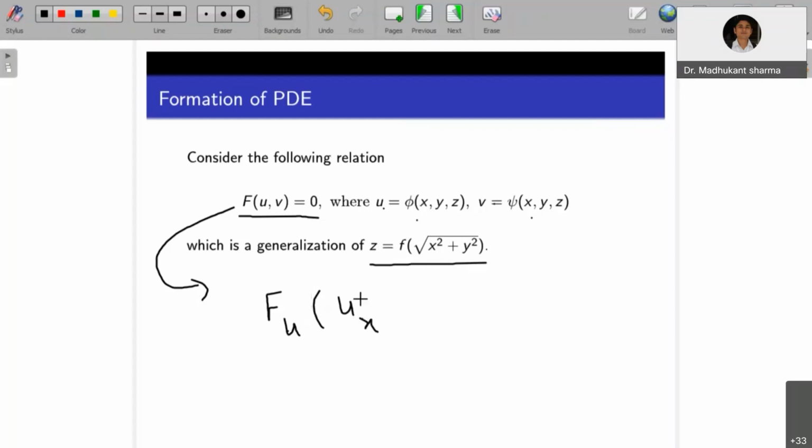Similarly for v. So we have fu ux plus fv vx equals 0.